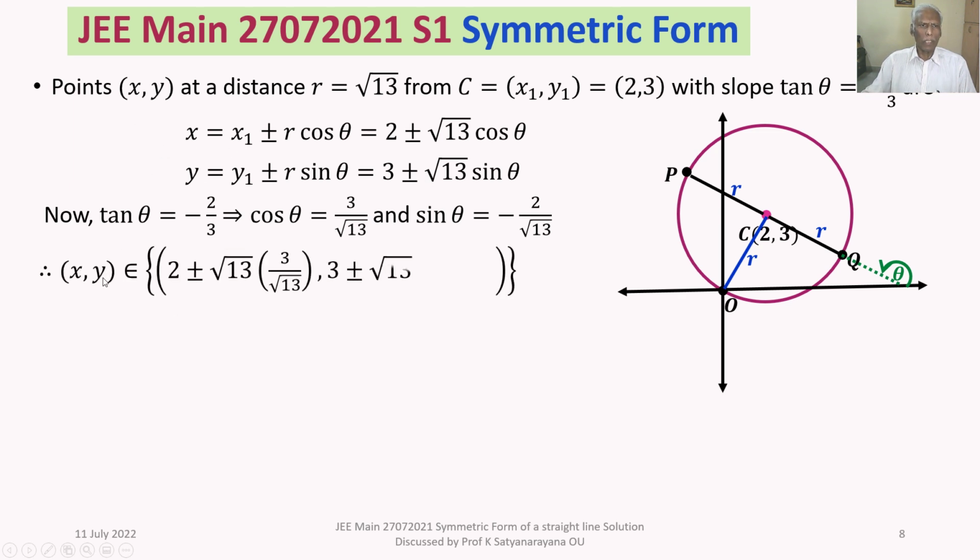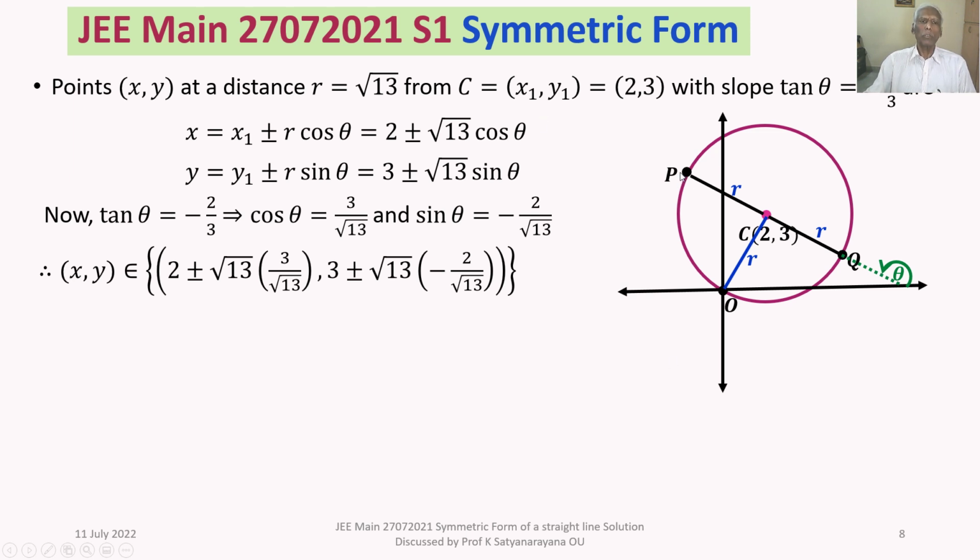So (x, y) belongs to 2 plus or minus root 13 into cos theta, where the cos theta value is 3 by root 13, and 3 plus or minus root 13 into sin theta, which is -2 by root 13. This is the (x, y) points, meaning the point (x, y) is a point at a distance r equal to root 13 from C(2, 3) on this line.